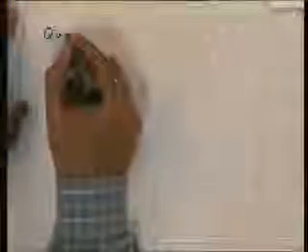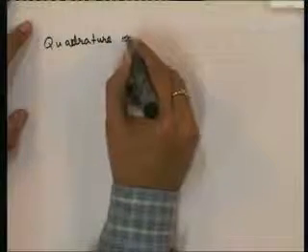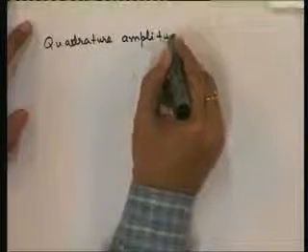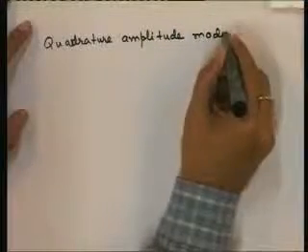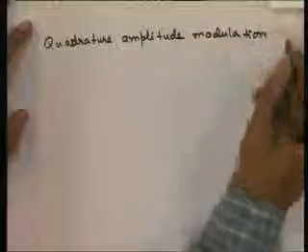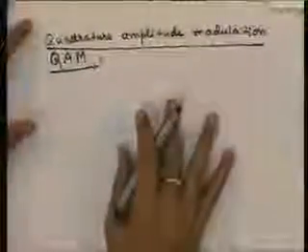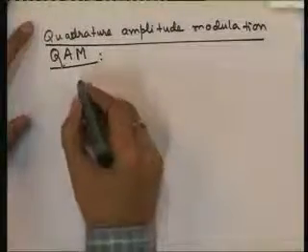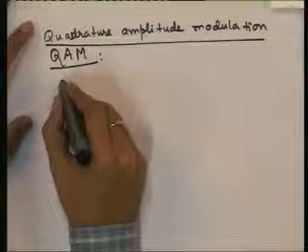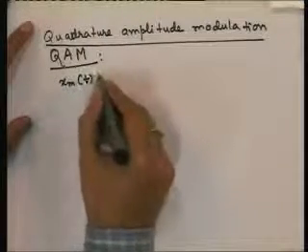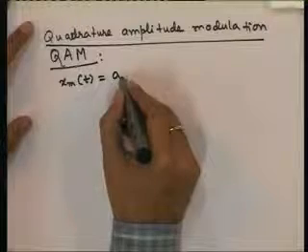So quadrature amplitude modulation, or QAM in short. So this can be considered as a joint amplitude modulation of 2 carrier signals, and this expression will immediately say the same thing.